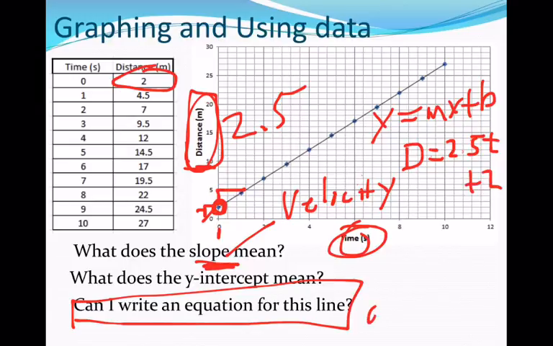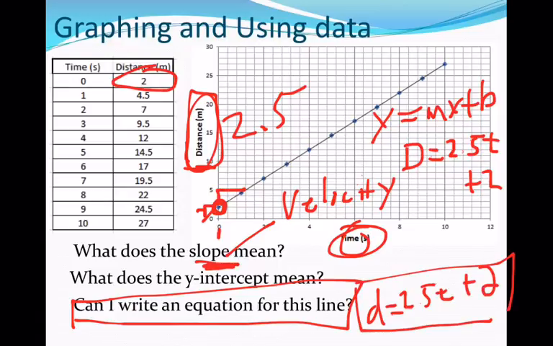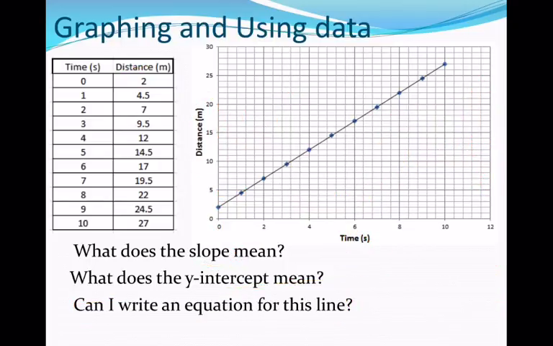So d = 2.5t + 2. And that's an equation for that thing, that person, however they're moving.